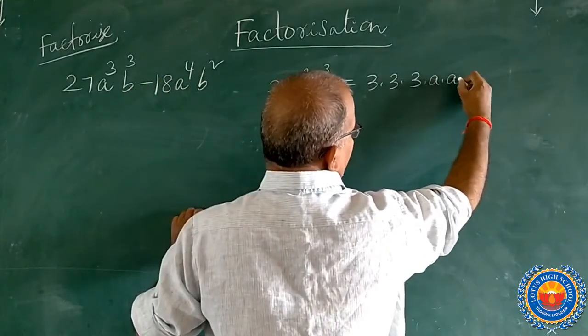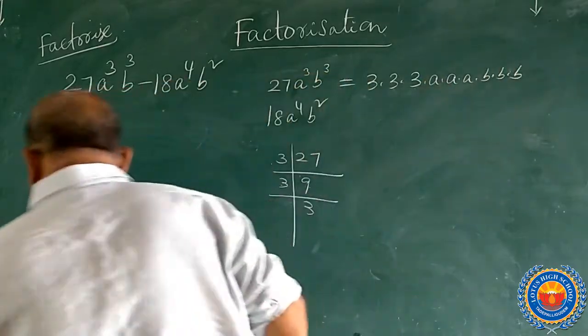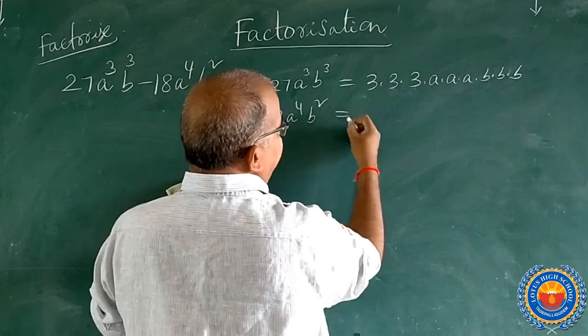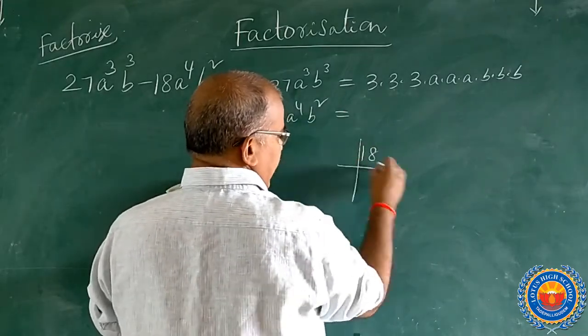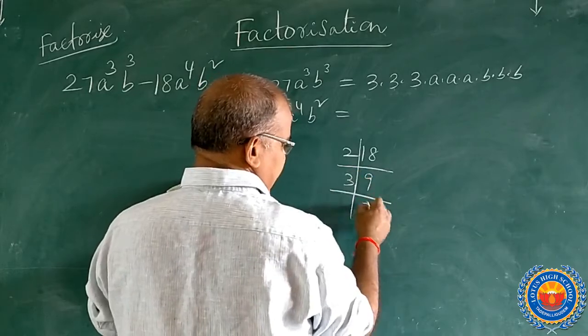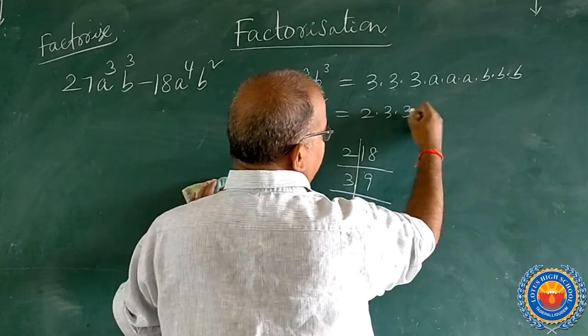A cube is a into a into a, and b cube is b into b into b. Next, 18: 2 9s are 18, so 18 is 2 into 3 into 3.